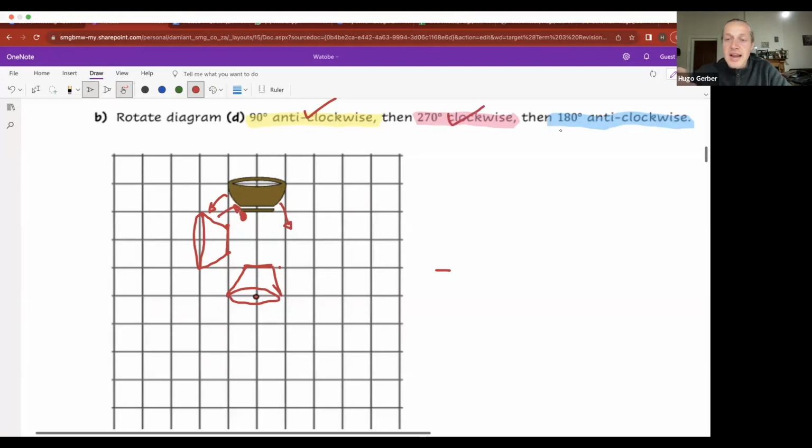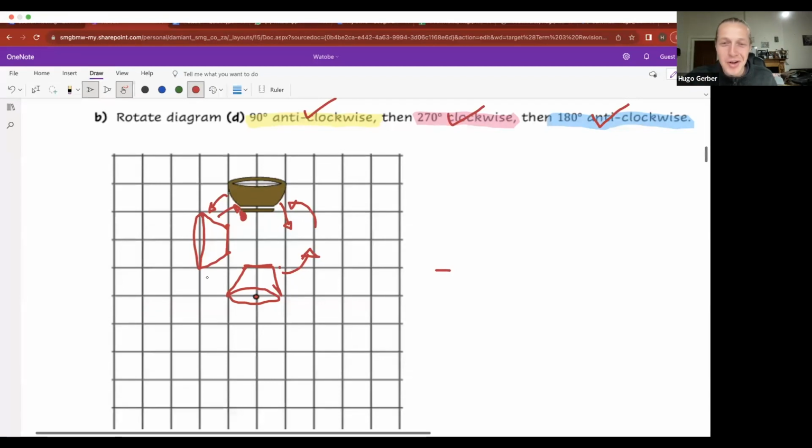Now 180 degrees anti-clockwise, which means it's going to go back. That's 90. It's going to go back to that position. And from there, it's going to go back to that position. So this shape, are you telling me that they fooled us around the whole night just to get back to where we were? I cannot believe this, guys.